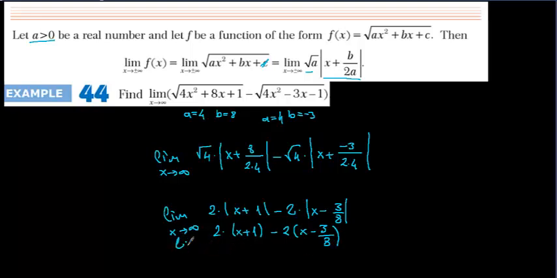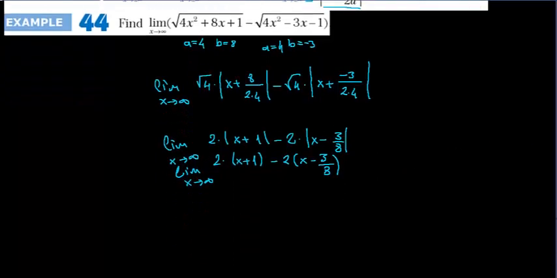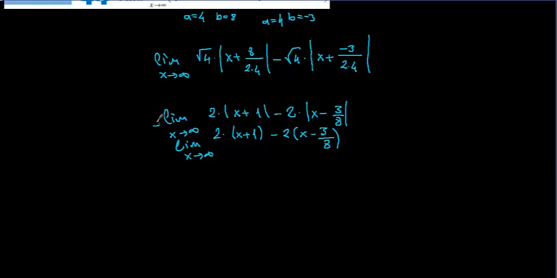Then this is with the limit, of course, as x tends to infinity, and the expression should be equal to the limit as x tends to infinity of 2x plus 2 minus 2x minus 6 over 8, which is 3 over 4 for us.